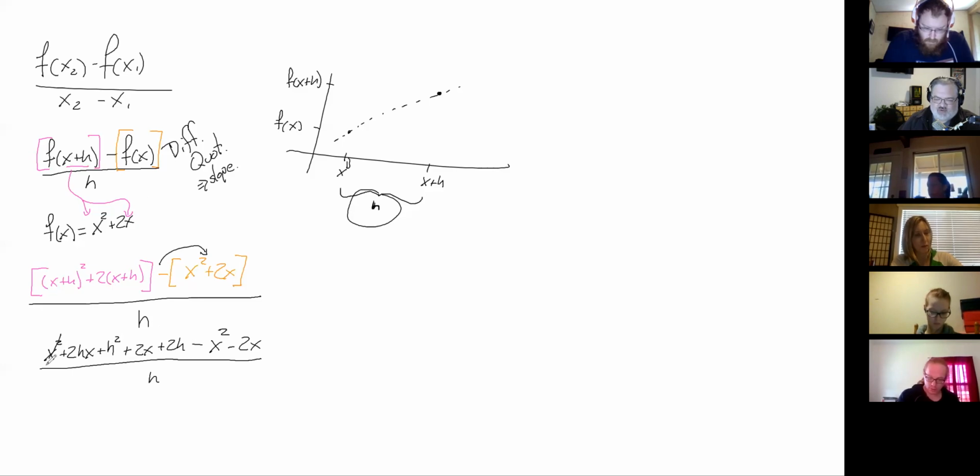Notice this x squared and this x squared will cancel. This 2x and that 2x will cancel, they subtract off, and we are just left with 2hx plus h squared plus 2h, these three terms, all over h.